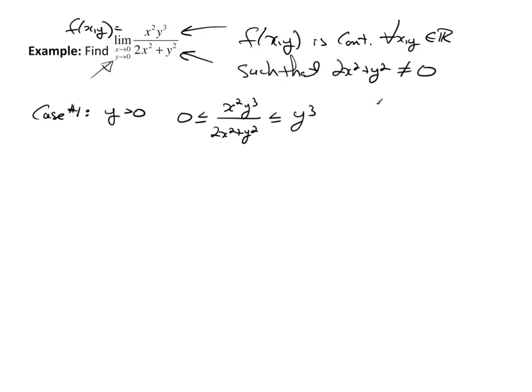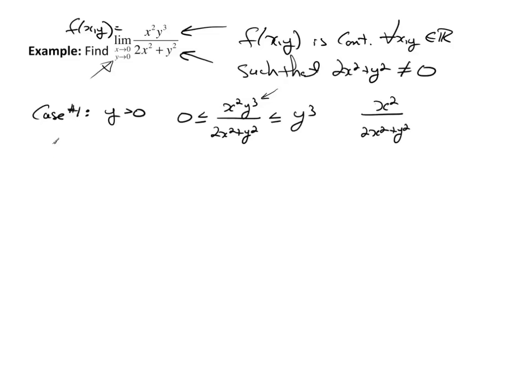And the reason I say that is take a look at the rest of that: x squared over 2x squared plus y squared. The denominator is going to be bigger than the numerator, so this ratio is going to be less than 1. So if it's less than 1, I'm multiplying this component y cubed by something less than 1. So this is a true statement.